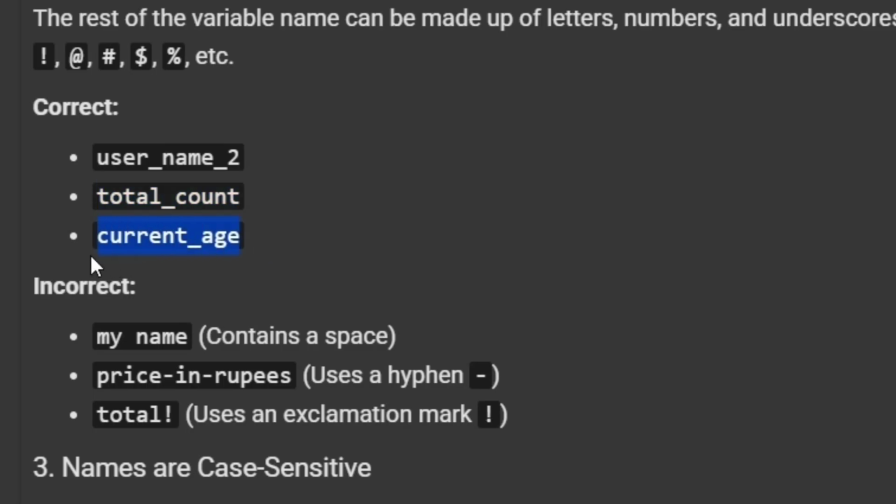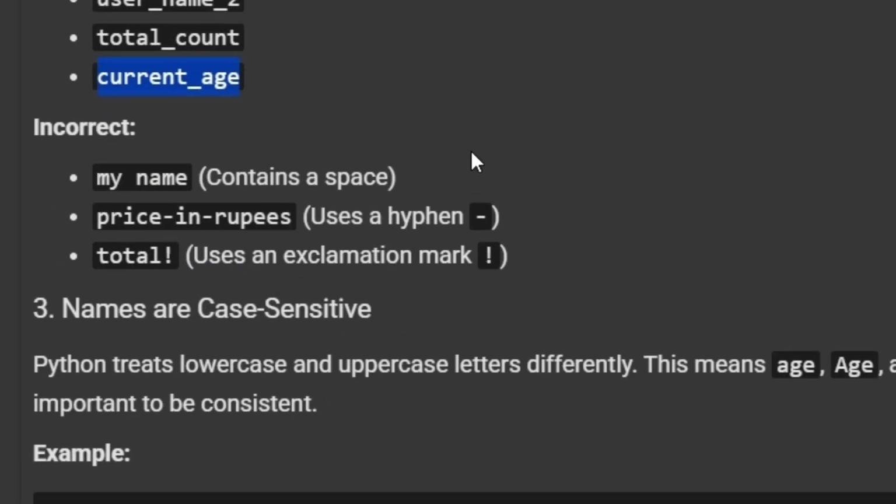What is the incorrect way? Let me show you. My space name, you have given a space which is considered a special character. So space can't be used when you declare the variable name. Also, if you use hyphen, price hyphen in hyphen rupees, this also doesn't work.